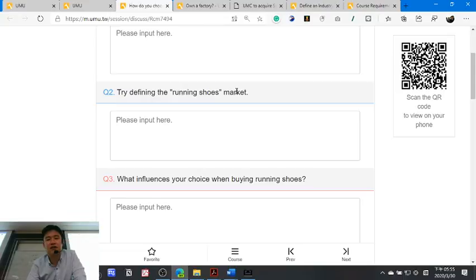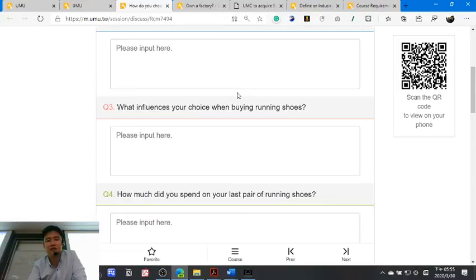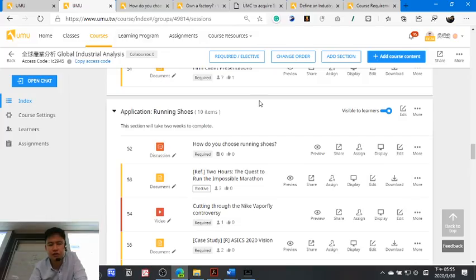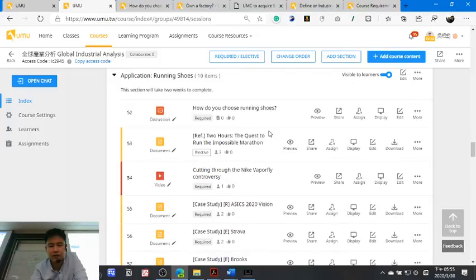Try to define the running shoes market, and what are the factors that will influence your choice when purchasing running shoes? It's a very short questionnaire, just try to finish this.